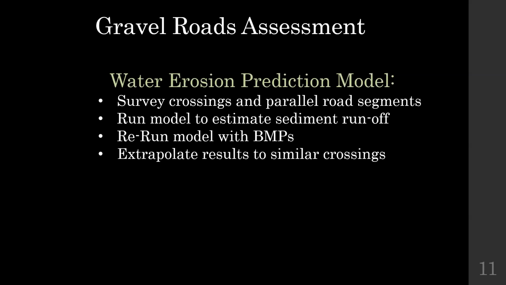This is a Forest Service developed model where you basically put in the conditions of the road, the surface of the road, the grade of the road, whether there are BMPs in place, and you run the model to determine how much sediment loading there is to the stream. Then we would rerun the model if there were additional BMPs to see what that difference in sediment loading is. And then we could extrapolate to places in the watershed where we did not do sampling.